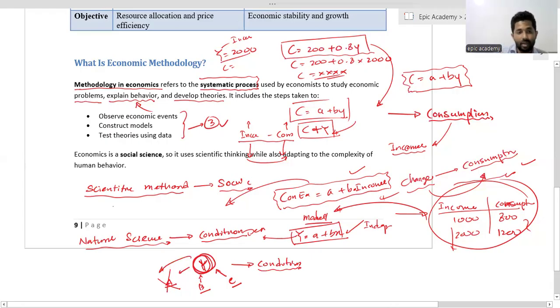But unfortunately, in social sciences, you cannot do it. Why? The actual behavior of the people is very complex.